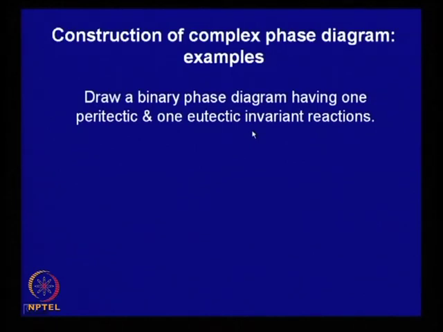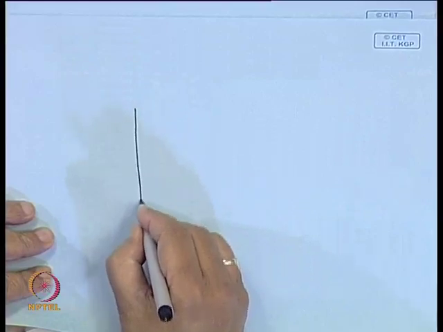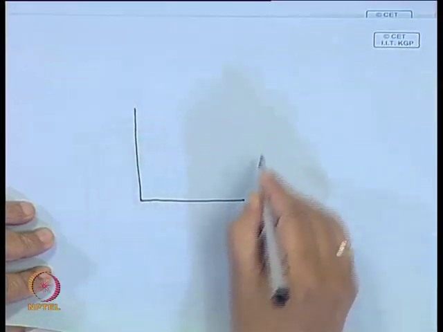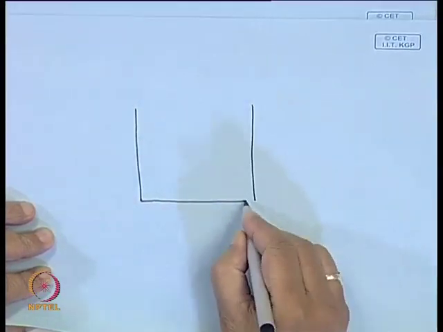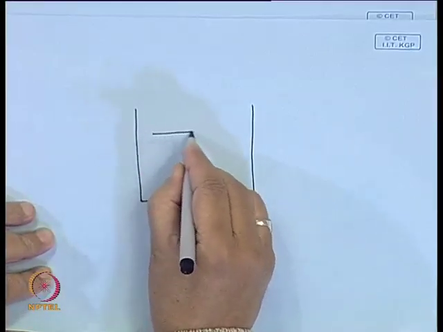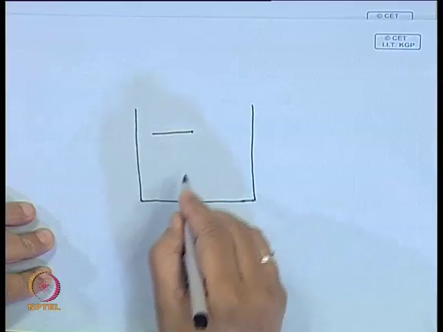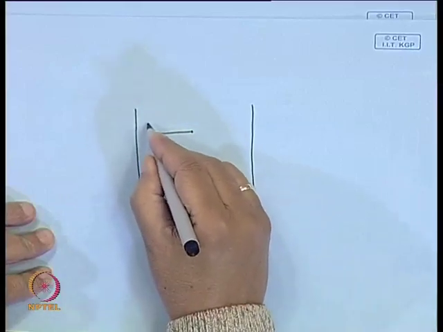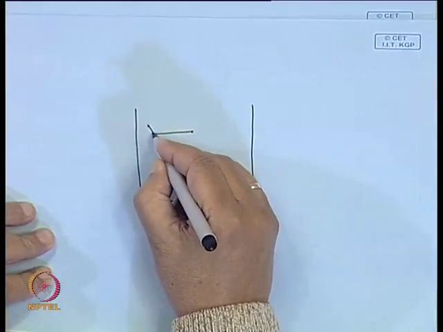So, in this particular case, you have to say one eutectic and one peritectic. So, you draw the isotherms first, one peritectic, another eutectic. Say suppose we draw a peritectic here.